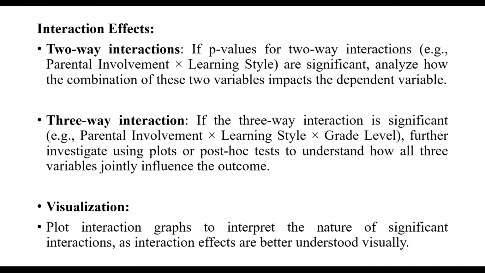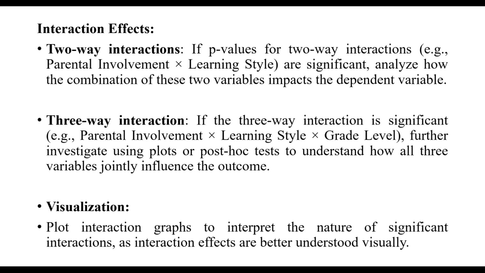For the two-way interactions, if the p-value for the two interactions, for example, parental involvement and learning style, is significant, analyze how the combination of these two impacts the dependent variable. The same thing with the three-way. You can then use interaction plots to interpret the nature of the significant interactions, as interaction effects are better understood visually.